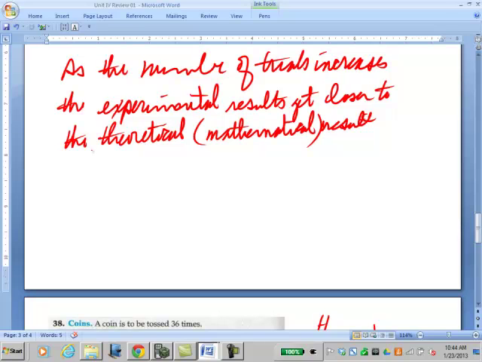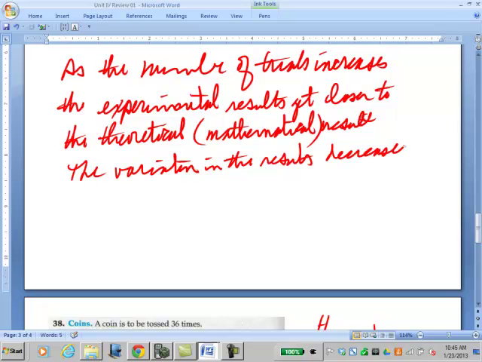And along with that, the variation in the results decreases relative to the number of trials.